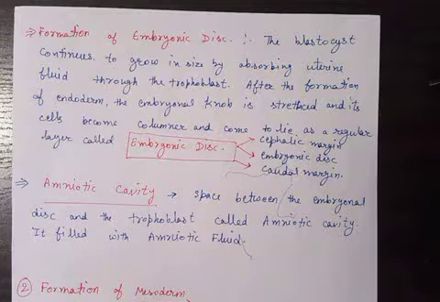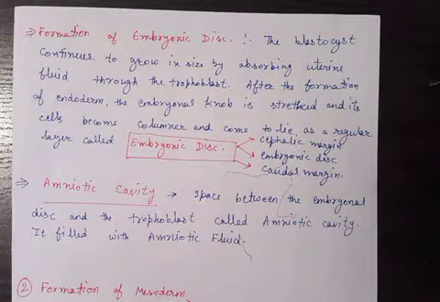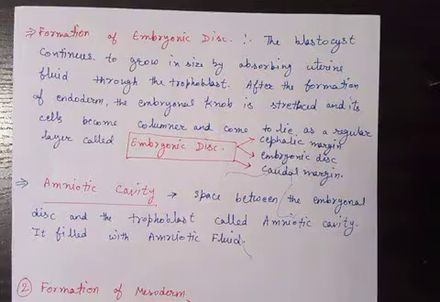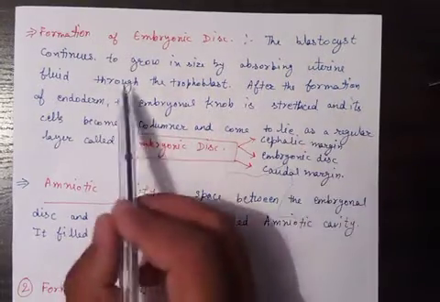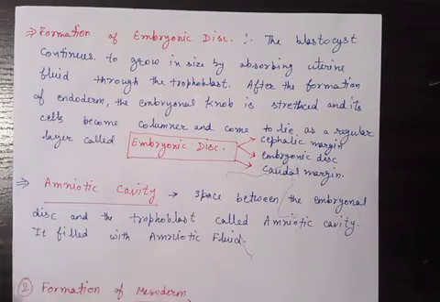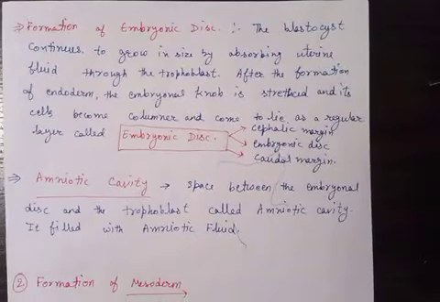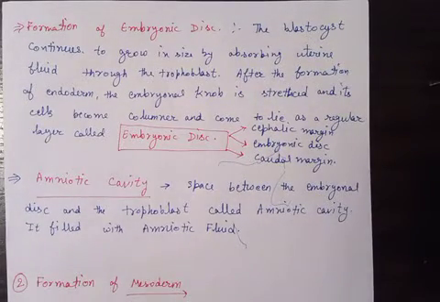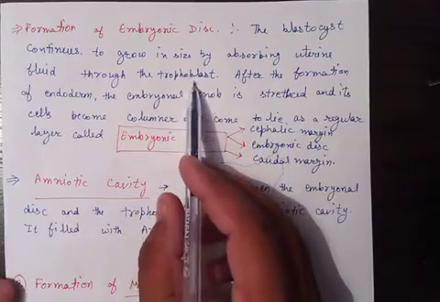By absorbing this nourishment, the blastocyst increases in size through the trophoblast, because it develops with the help of the mother's nourishment, which is absorbed by the trophoblast.